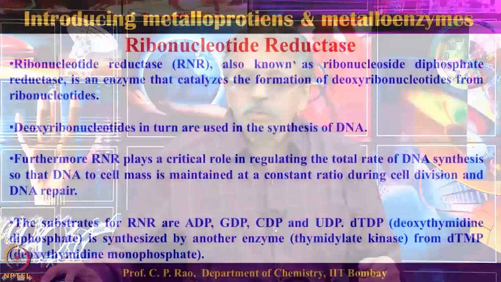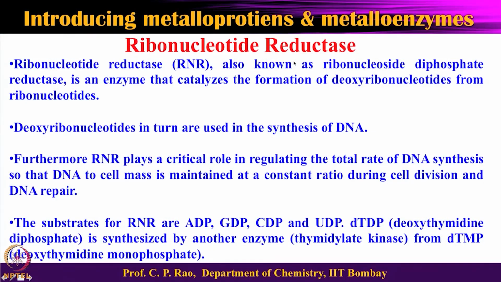For example, let us start with ribonucleotide reductase in more detail. Ribonucleotide reductase, as I told you, and let me repeat once again, is involved in the synthesis of deoxyribonucleotides.